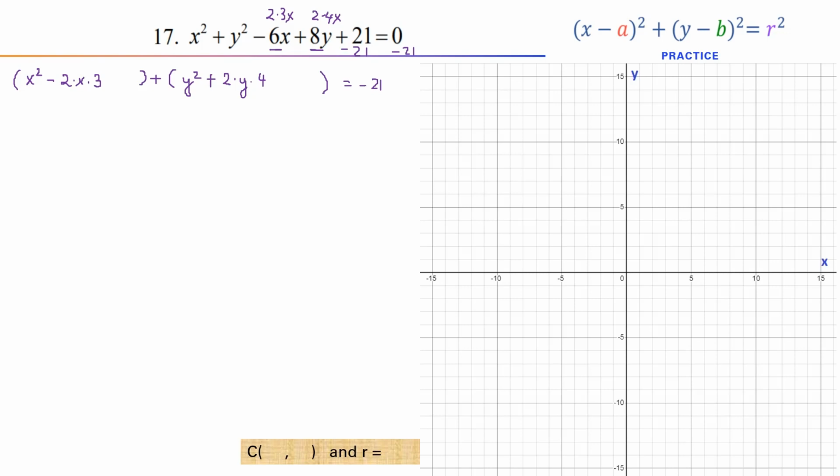Now we complete the square by adding 3 squared and 4 squared to both sides.